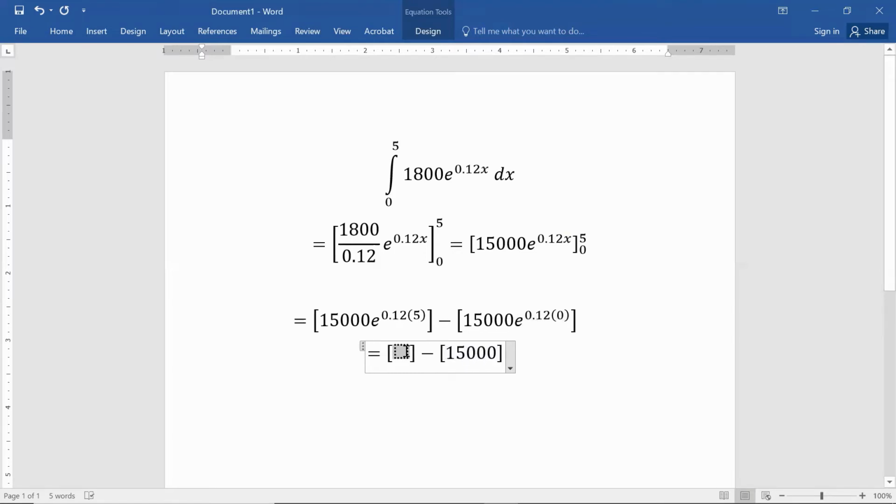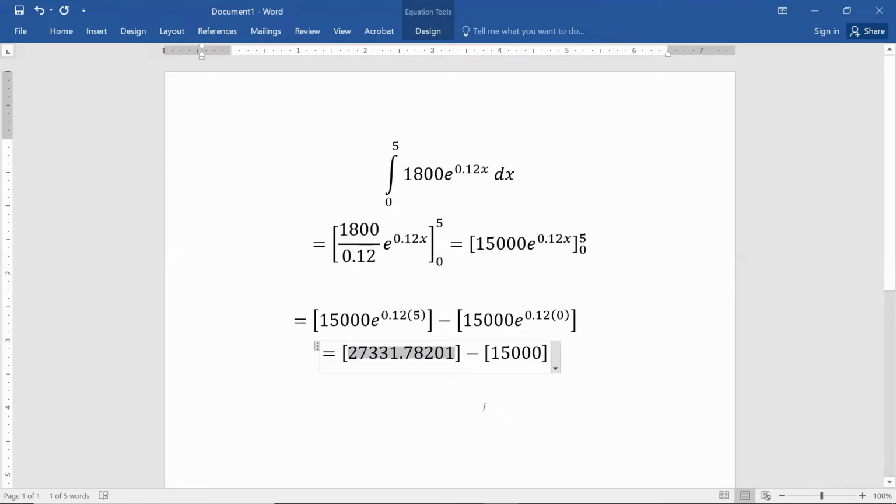Now, in the other bracket, because e is an irrational number, you're going to end up with an answer that's irrational. I'm going to round it to a few decimal places. 27,331.78201 is what my calculator gave me. What I prefer to do is, because you get an irrational number here, I don't like to round until the very, very end.